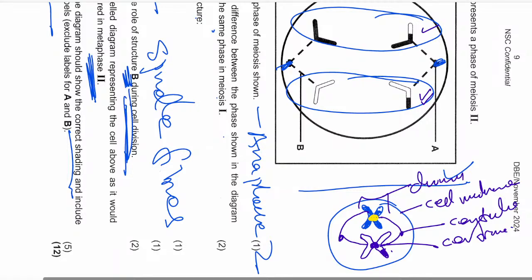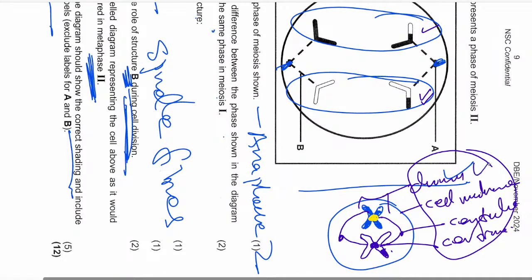If you didn't draw the shadings properly, it means that you lose 1 mark. So you keep on losing marks. But for the labels, how many marks is it? It is 5.